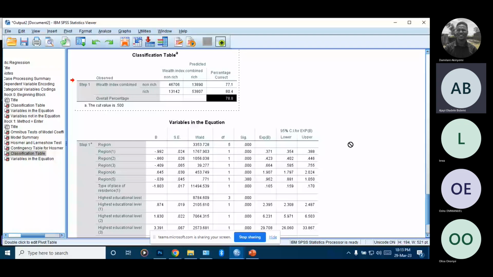Now, these diagonal numbers are the correct predictions. I'm trying to highlight the two of them so that we see.